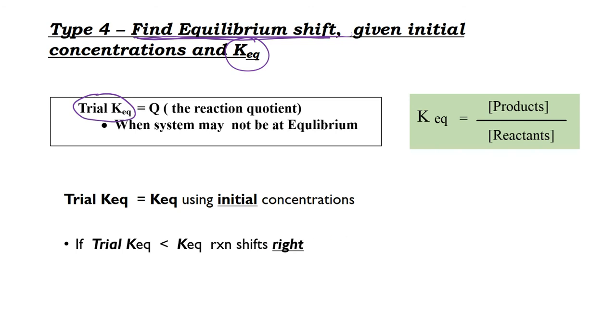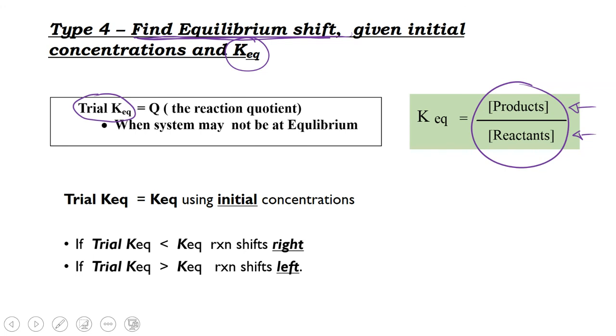The reason for that is if your trial KEQ comes up too small, you need it to be bigger. How do you get this ratio to be larger? Well, you need more of these products and less of these reactants, okay?